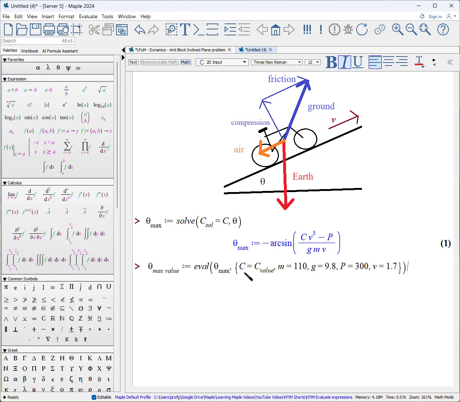Putting in the value for c and all the rest of the information, now assuming that the maximum I can put out sustainably is about 300 watts, we find that I get a gradient, in radians, of 0.16, and that's about the limit at which I can ride constantly without falling over.